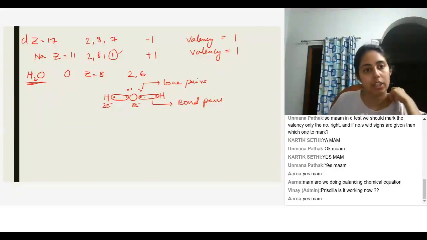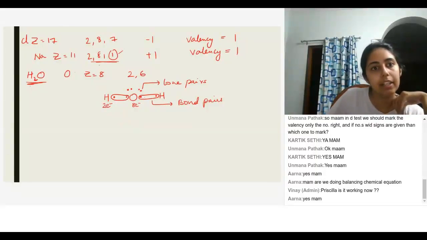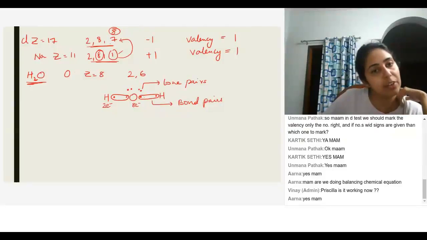Sodium has atomic number 11, with configuration 2,8,1, right? Chlorine has 7 electrons in its outermost shell. So when sodium gives away this electron to chlorine, chlorine ends up having 8 in its outermost shell, so it is satisfying the octet rule. And sodium also has 8 in its outermost shell, so it is also satisfying the octet rule.